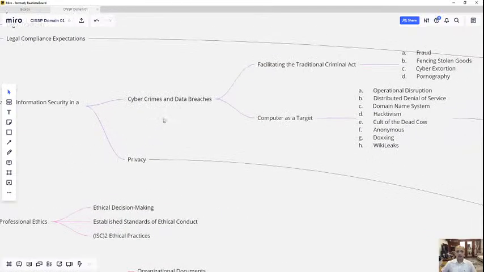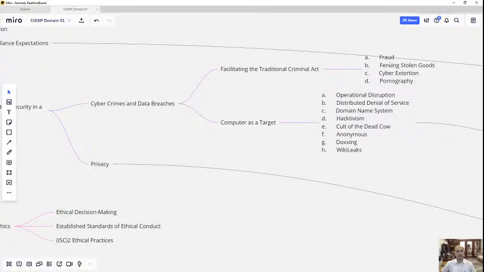So for the same, I need to cover cyber crimes and data breaches. The same can be divided into two: the traditional criminal act, which will cover fraud, fencing, stolen goods, cyber extortion, pornography. Then the second is the computer as a target. In the same we have multiple, right? And in those multiples also, these are the takeaways.